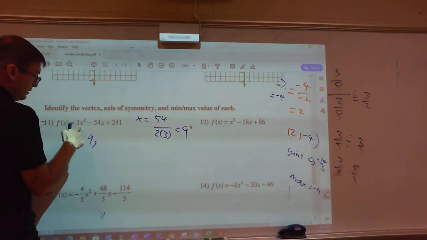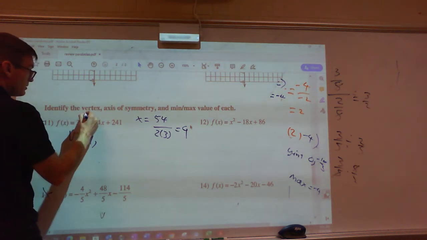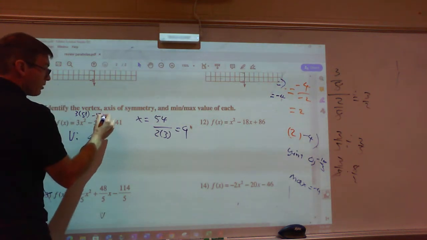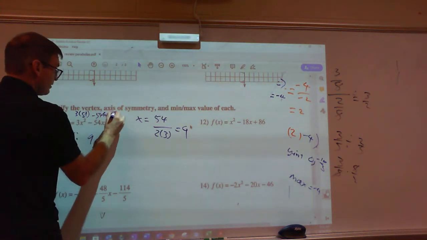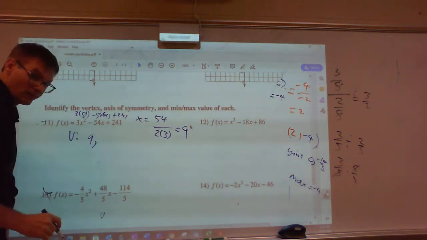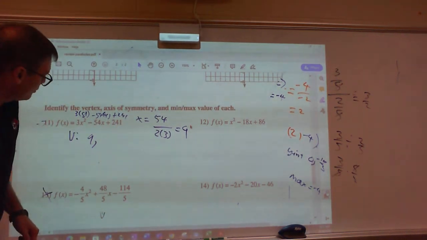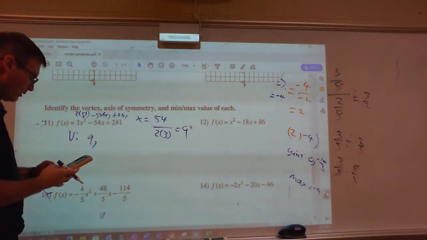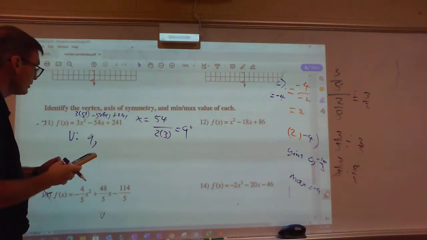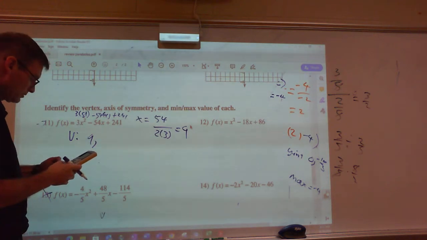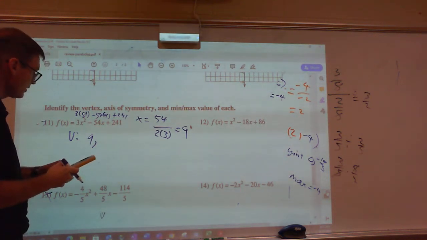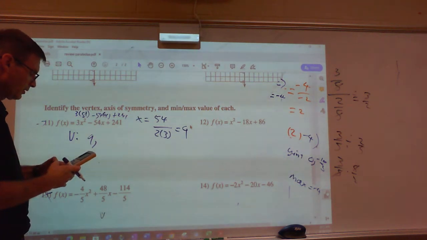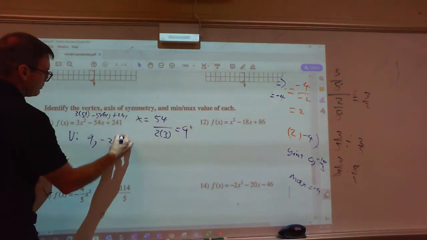So I'm going to plug 9 in. 9 squared is 81 times 3 minus 54 times 9 plus 241. And I would definitely use a calculator for this. So I am. So 243 minus 54 times 9 plus 241. After all of that, I get a negative 2.